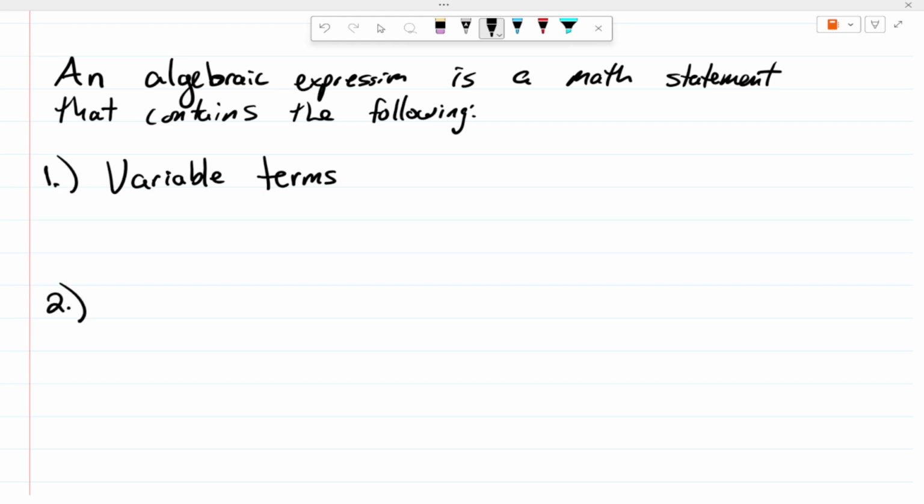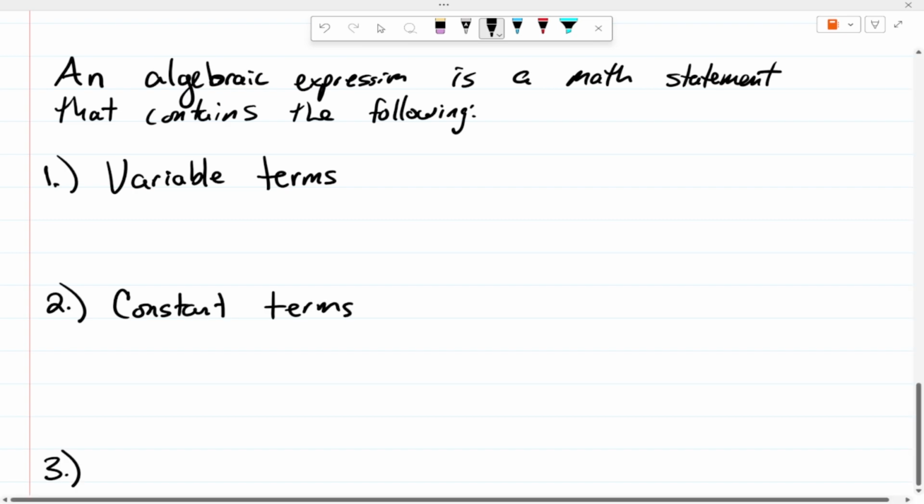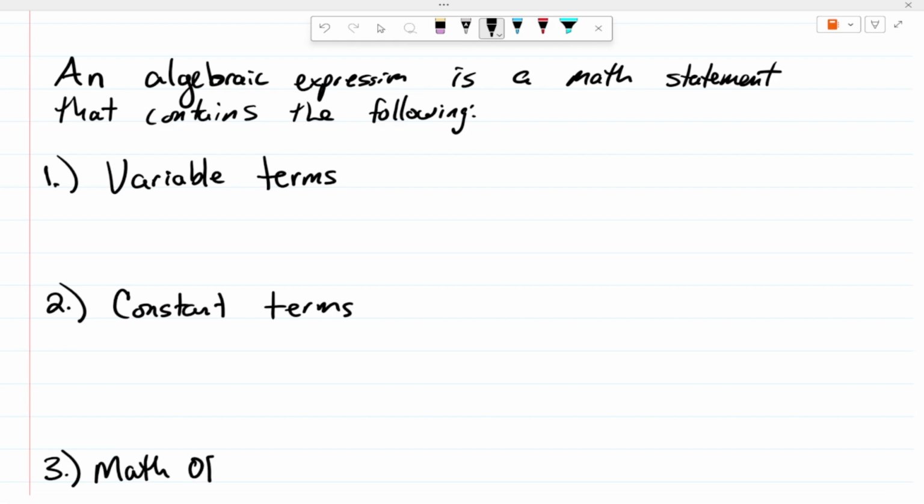Second, constant terms. And the third thing is kind of self-explanatory, but I'm going to write it out anyways. Math operations.